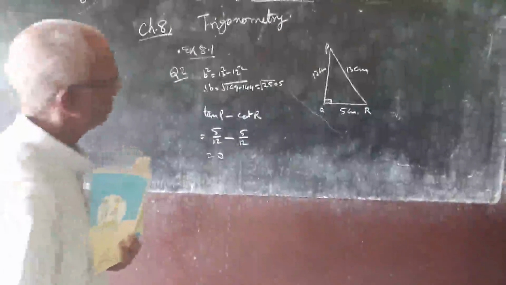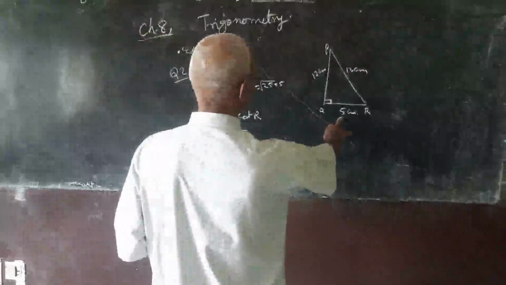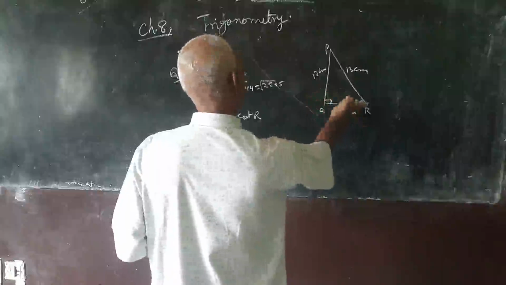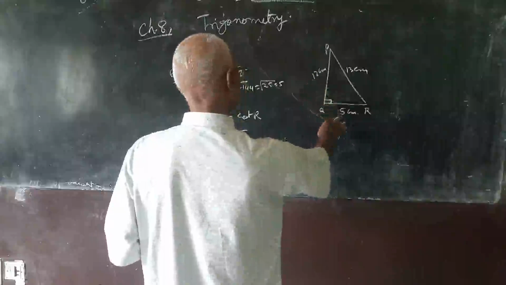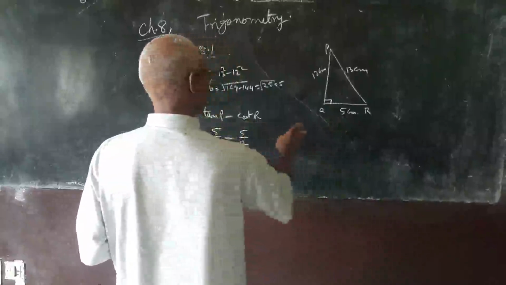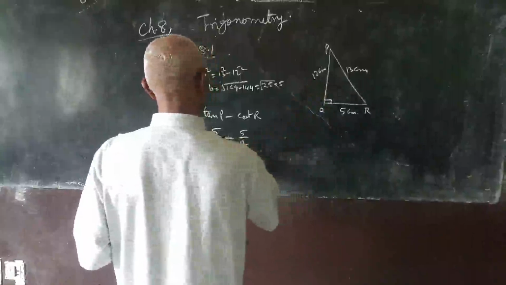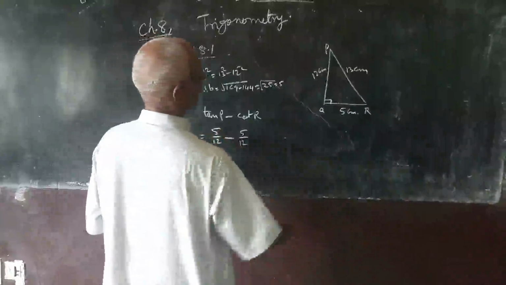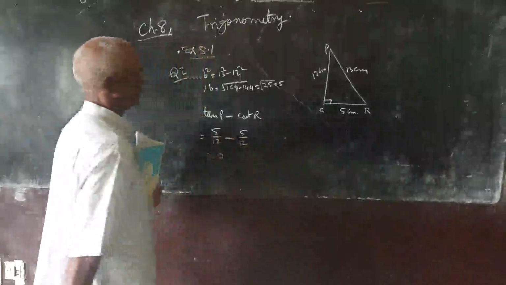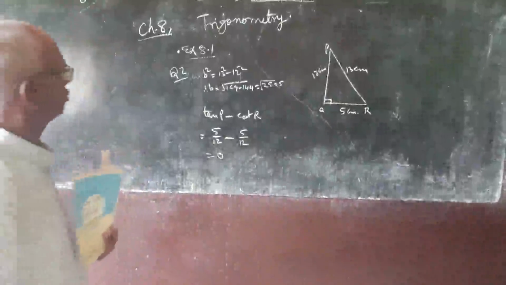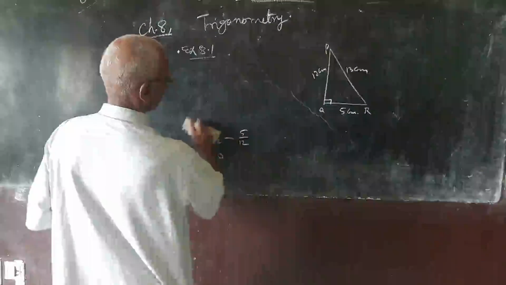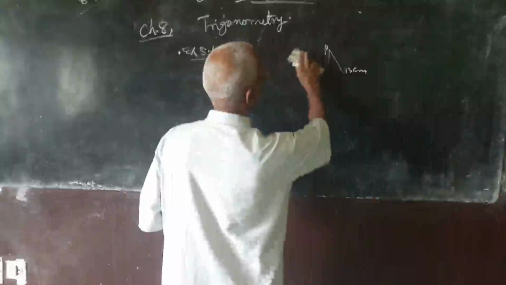For P, perpendicular is this and base is this, but for R, this is perpendicular, this is base. So here cot is given, so base upon perpendicular is 5 by 12, and here perpendicular upon base is 5 by 12, so here it becomes 0. It is question number 2. Figure was given in your book.